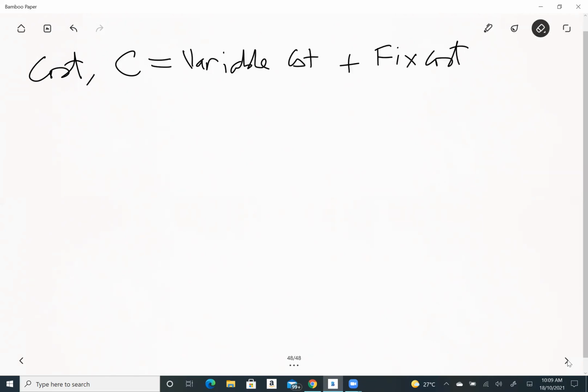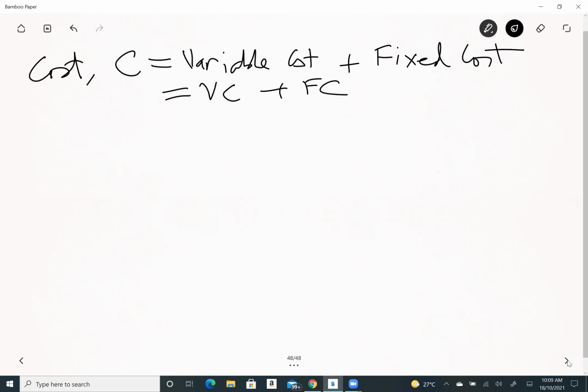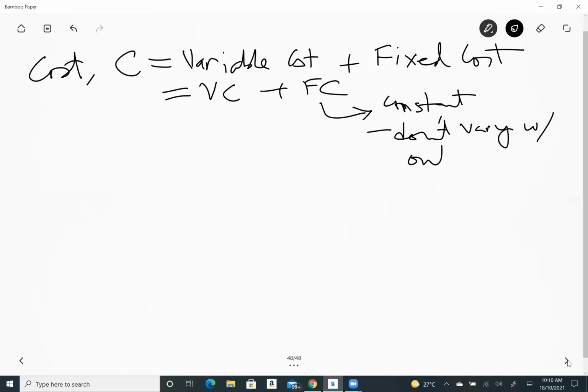Short form VC plus FC. What is the fixed cost? Fixed cost is the cost that is constant. So that cost does not change with quantity. It doesn't vary with output level.